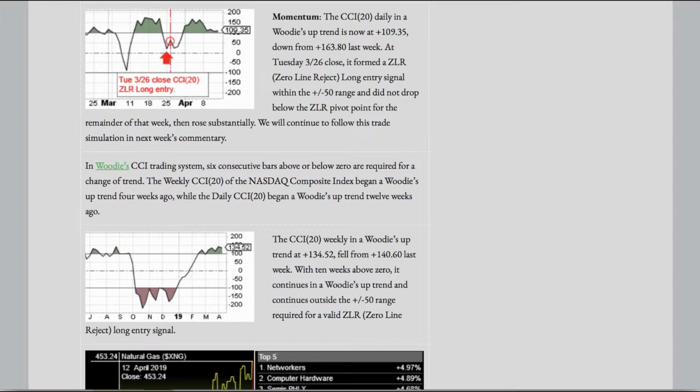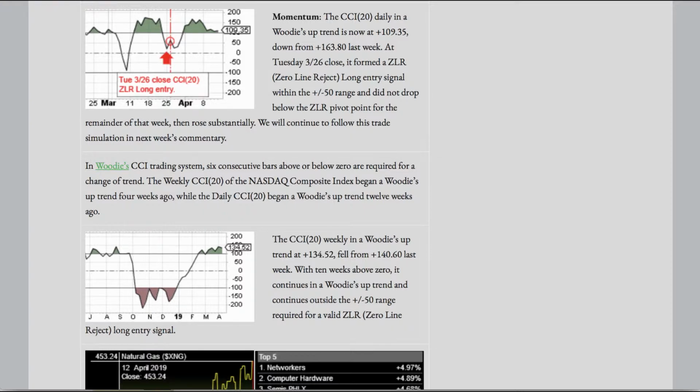In Woody's CCI trading system, 6 consecutive bars above or below zero are required for a change of trend. The weekly CCI 20 of the Nasdaq Composite Index began a Woody's uptrend 4 weeks ago, while the daily CCI 20 began a Woody's uptrend 12 weeks ago.